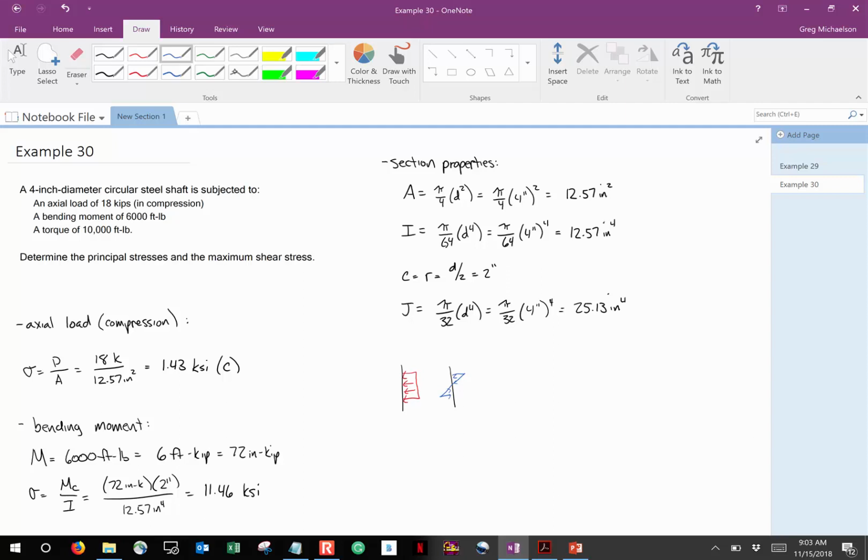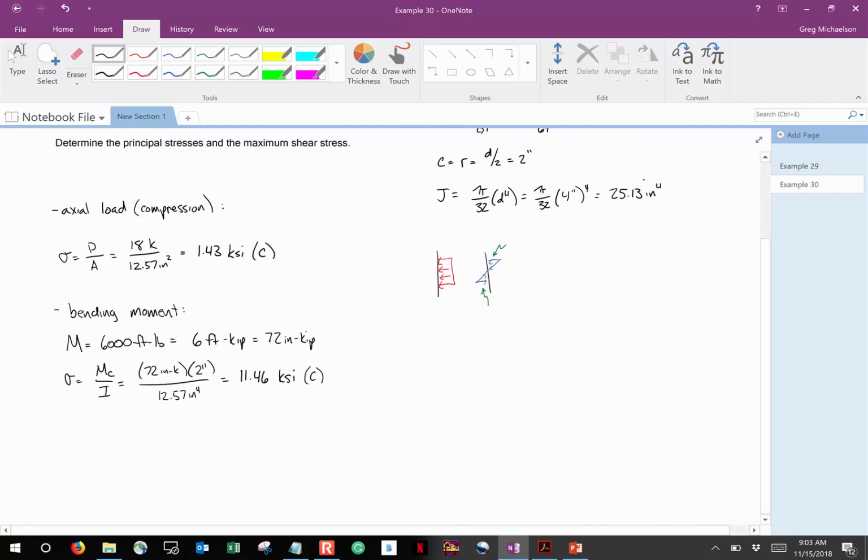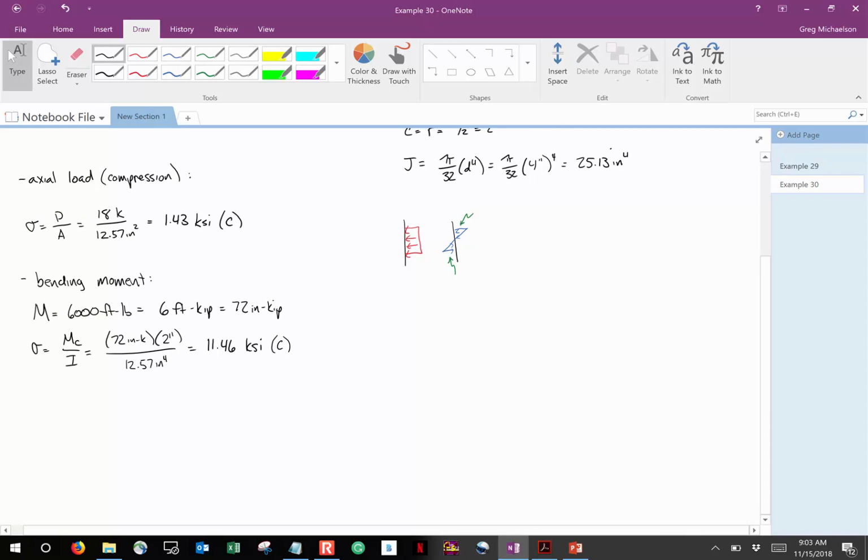We wouldn't want to evaluate stresses at the bottom, where you have 1.43 ksi in compression but 11.46 ksi in tension, because the stresses would be trying to negate one another. If anything, you want to evaluate the stress at the top, where all these compressive stresses add up together. So I'm going to take the compressive stress side, and it's also going to be the same location where we evaluate the shear stress.